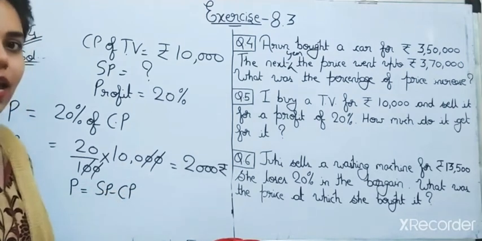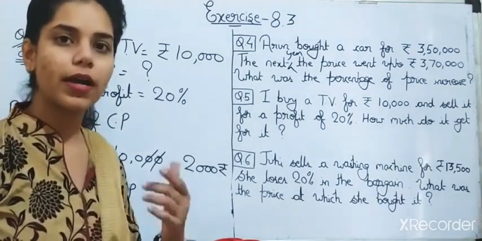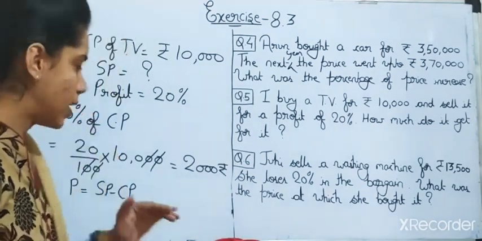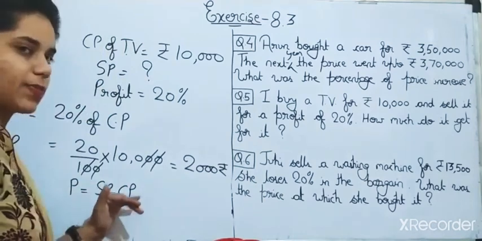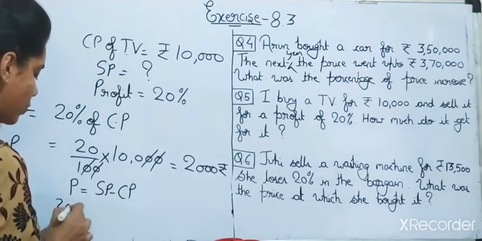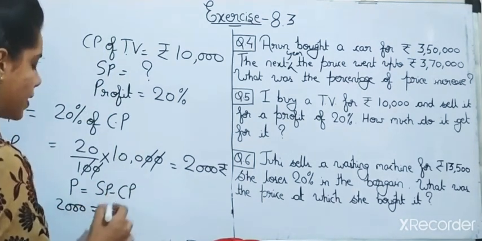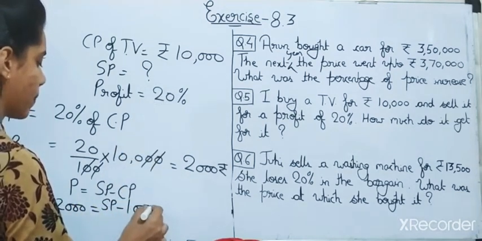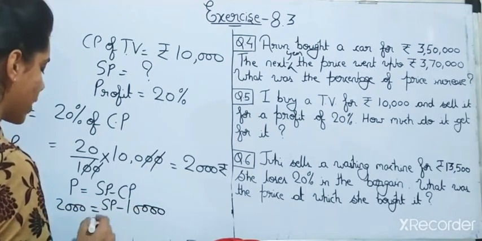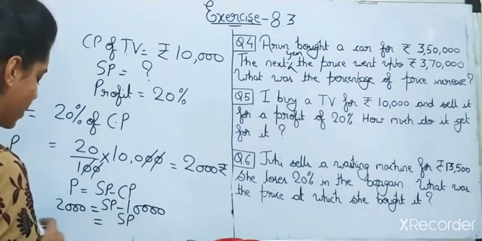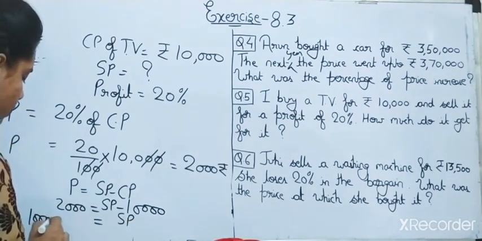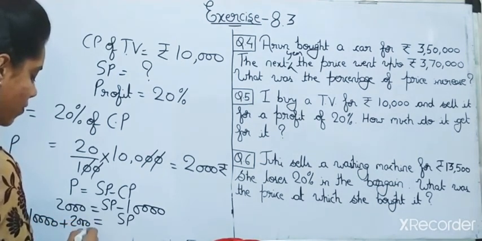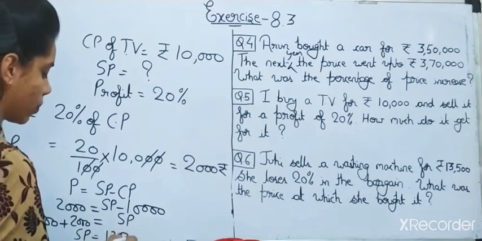It is very easy. If I am selling this pen at a profit, its selling price is obviously more than the cost price. So profit is equal to SP minus CP. Profit is 2,000, SP is not given, CP is 10,000. Now we have to find the SP, which is 10,000 plus 2,000. So SP was 12,000 rupees.